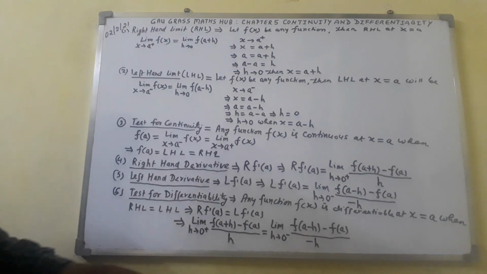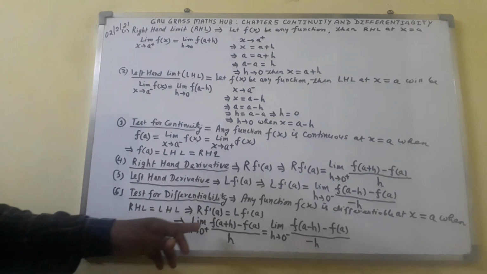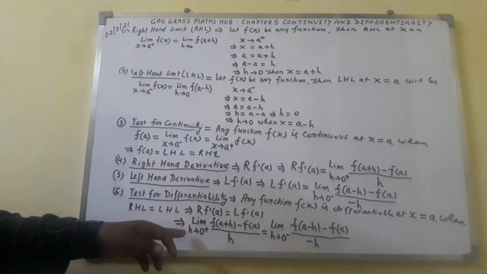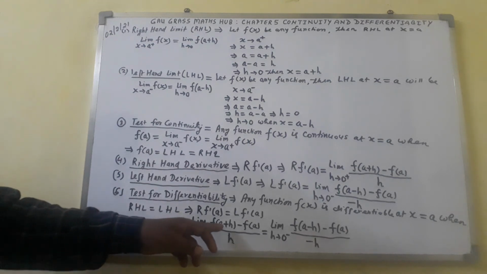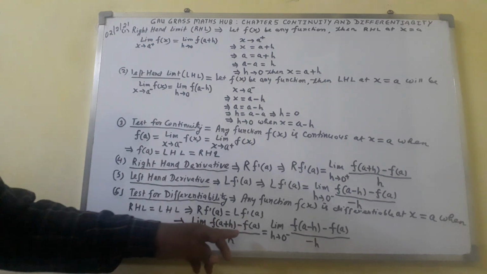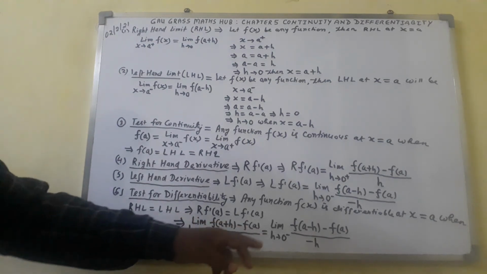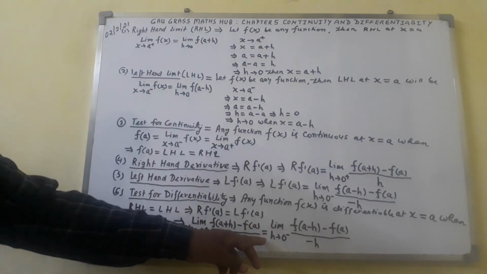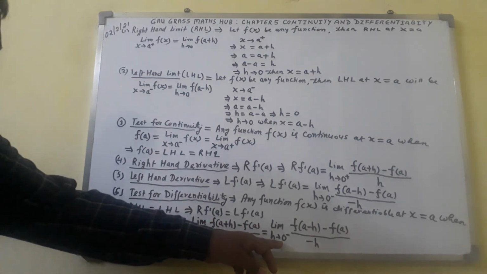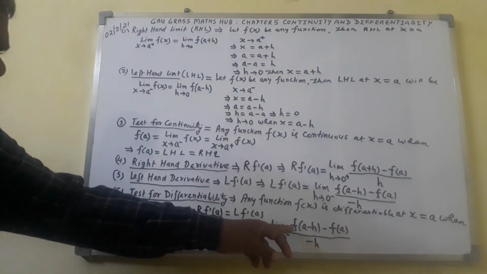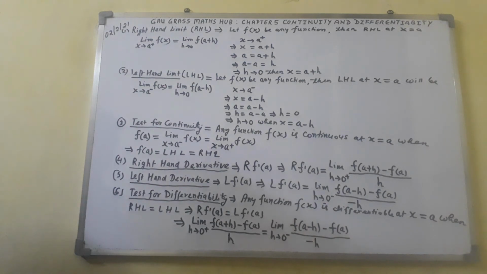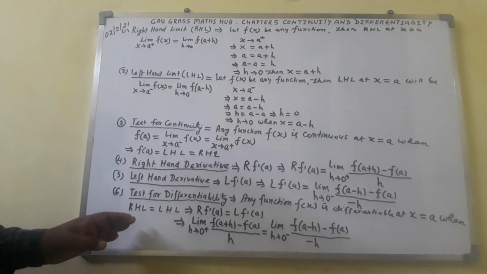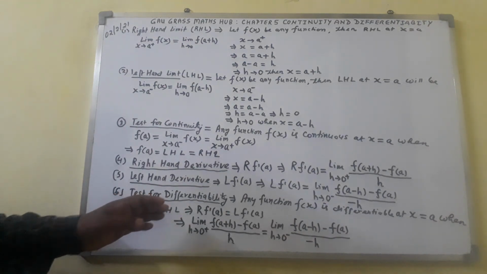The right hand derivative can be written as lim h tends 0 positive f of a plus h minus f of a whole over h, equal to lim h tends 0 negative f of a minus h minus f of a whole over minus h. These are the conditions for test for differentiability.